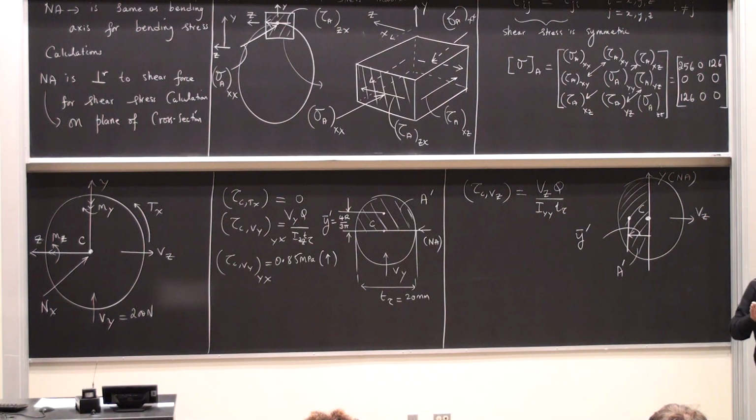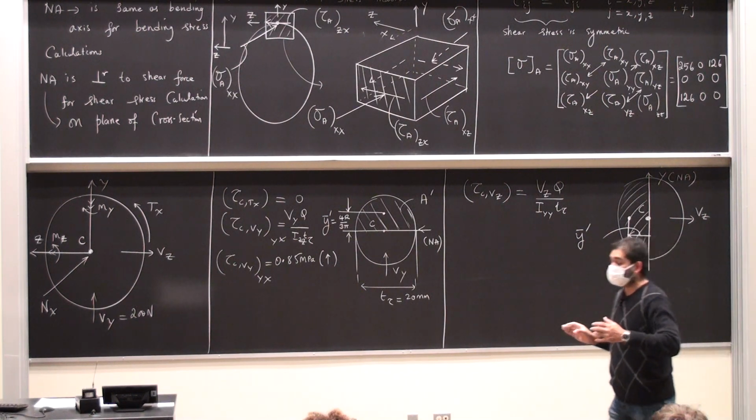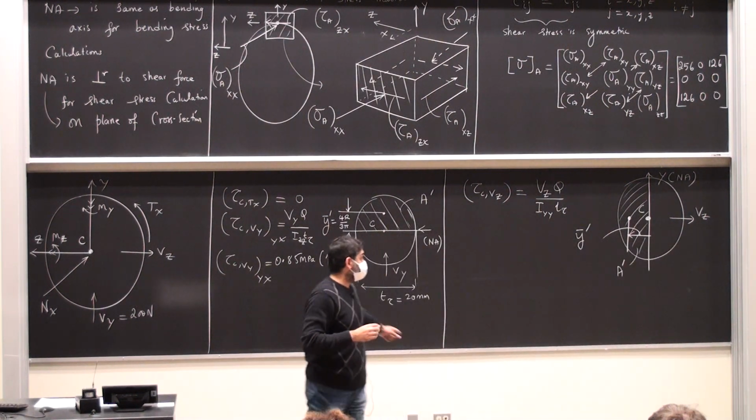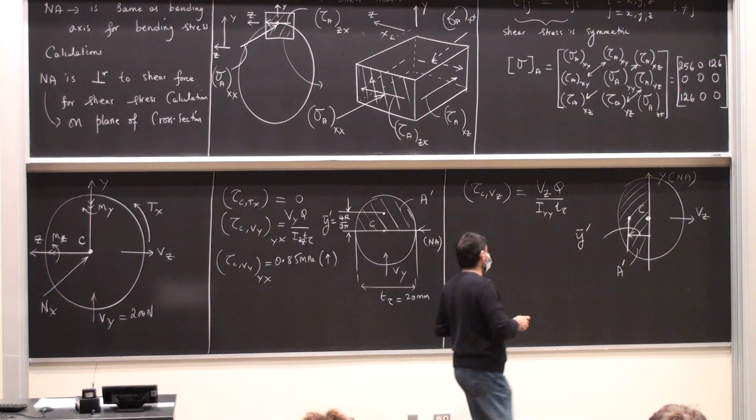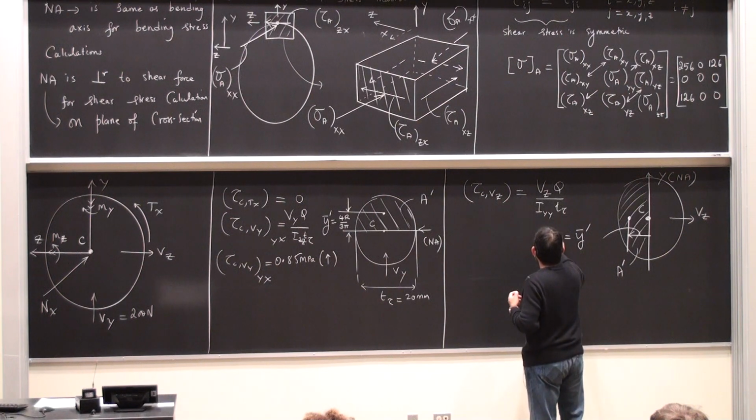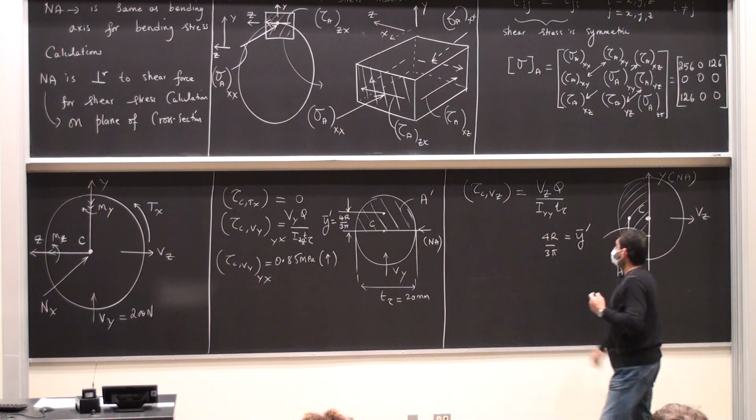It's a circle. Does not matter whether you rotate a circle by 90 degrees or 180 degrees, this distance will remain the same for the semicircle. So this is still going to be the same as 4r by 3 pi.